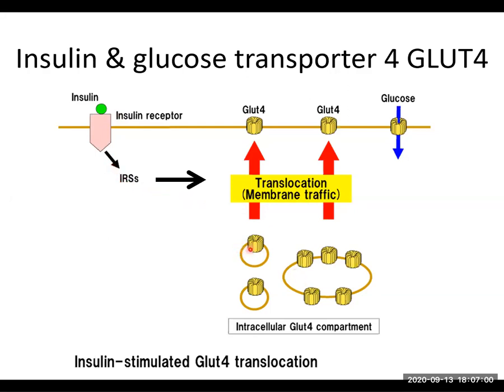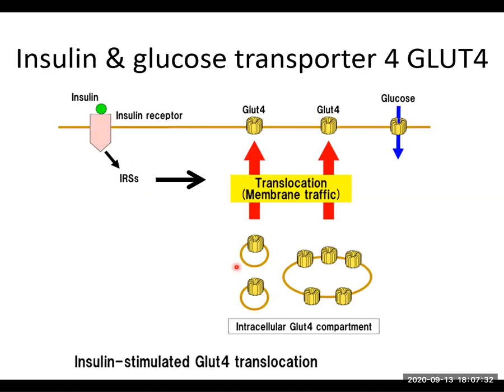In the muscle cell and the adipocytes, inside of the cell, we have the glucose transporter 4 stored on vesicles. So these are the vesicles. They are there, but they are not in the cell membrane. Only when they are in the cell membrane can they absorb glucose. If they are hiding inside of the cell, they are not functional.